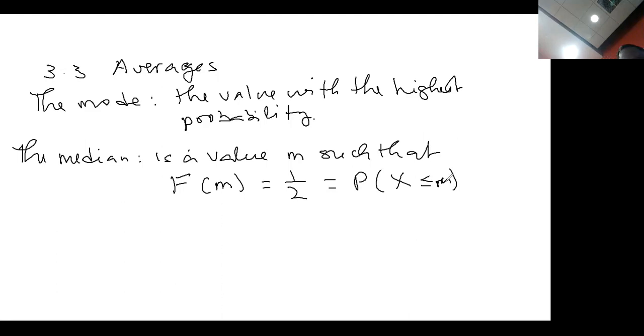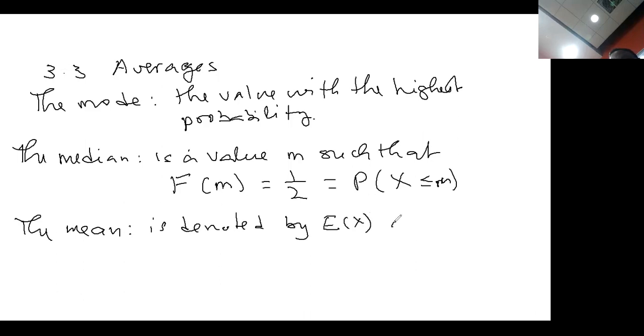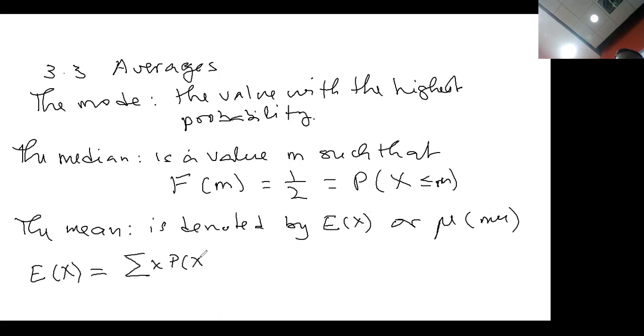Now we have the mean. The mean is denoted by E of x or mu. This is the Greek letter mu. And E of x is equal to, for a discrete case, the sum of x times P of x.